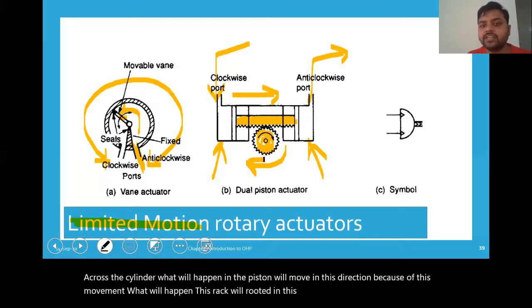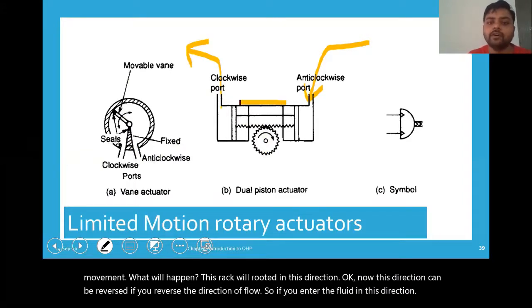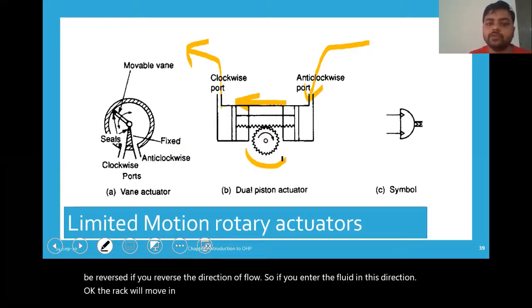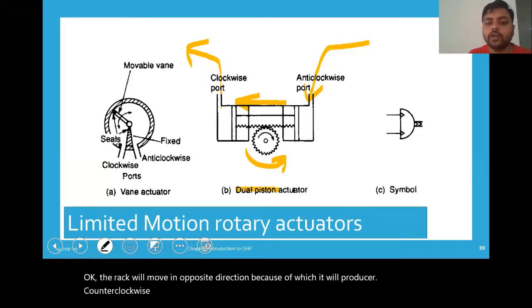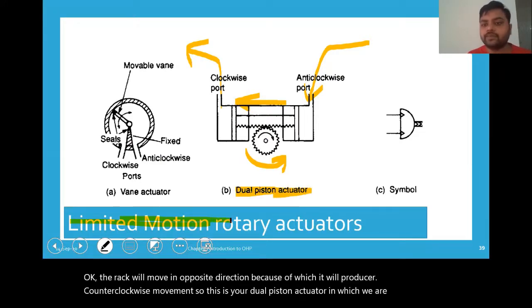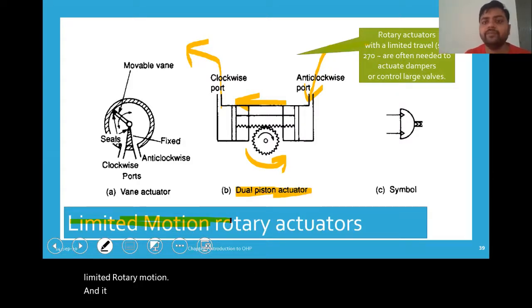This direction can be reversed if you reverse the direction of flow. If you enter the fluid in the other direction, the rack will move in the opposite direction and produce counterclockwise movement. So this is your dual piston actuator, in which we produce limited rotary motion, and it may produce a rotation of up to 270 degrees.